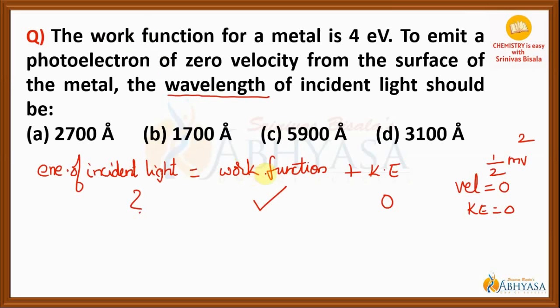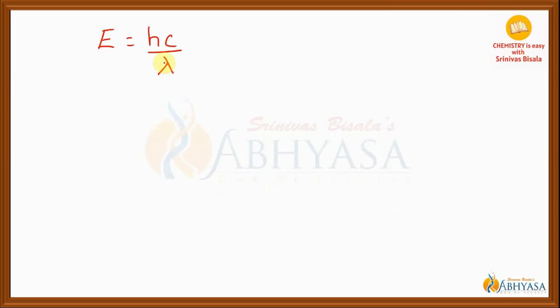So now energy is equal to hc by lambda. So even though it is the numerical of photoelectric effect, as the kinetic energy of the photoelectron is 0 and we are supposed to calculate the wavelength of the incident light, it should be equated with the work function. So it's simply E equal to hc by lambda formula, isn't it?